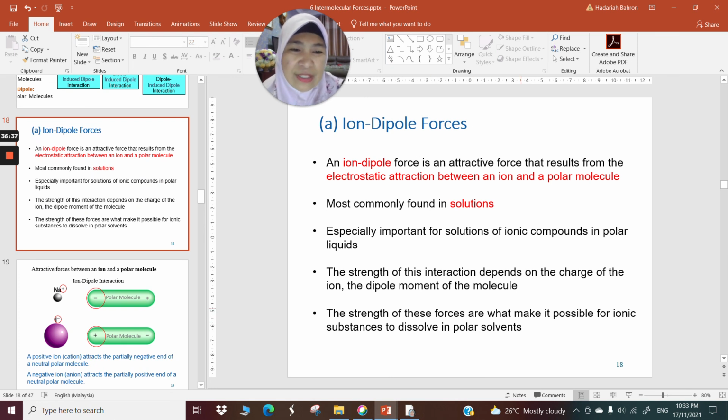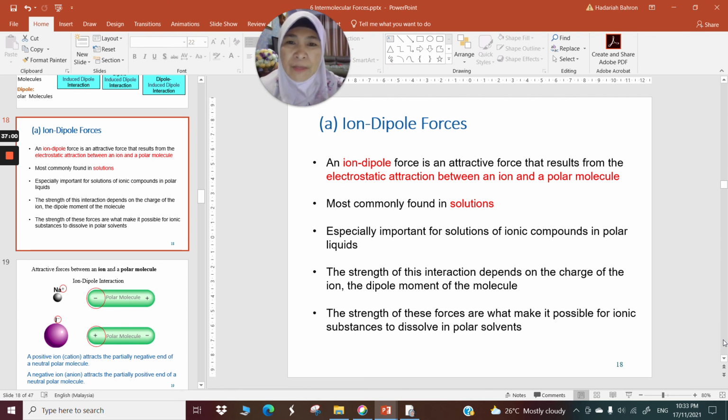The strength of the forces makes it possible for ionic substances to dissolve in polar solvent, because it is the interaction between the anion and the cation with the polar end of the molecule that makes that ionic substance dissolve.